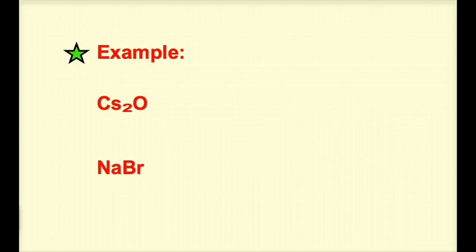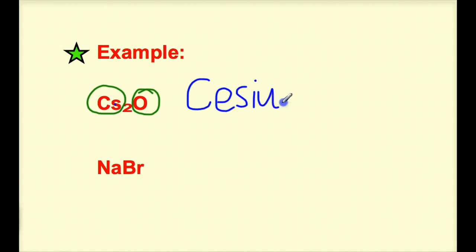So let's go ahead and take a look at these, and I have Cs2O. So what I want you to do is first find the Cs, and then find this O, and let's write the correct term. That number is not as important right now. All I want to know is the name of this formula. If you found Cs, it is on the left-hand side of your periodic table, and Cs stands for cesium. So I'm going to call this cesium.